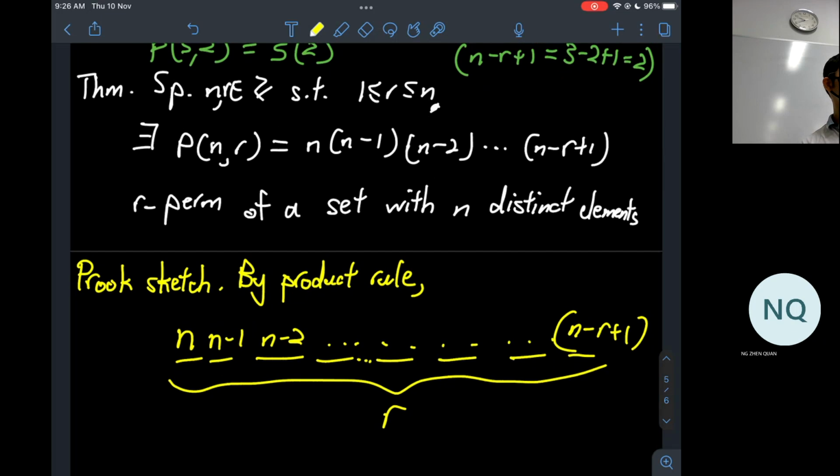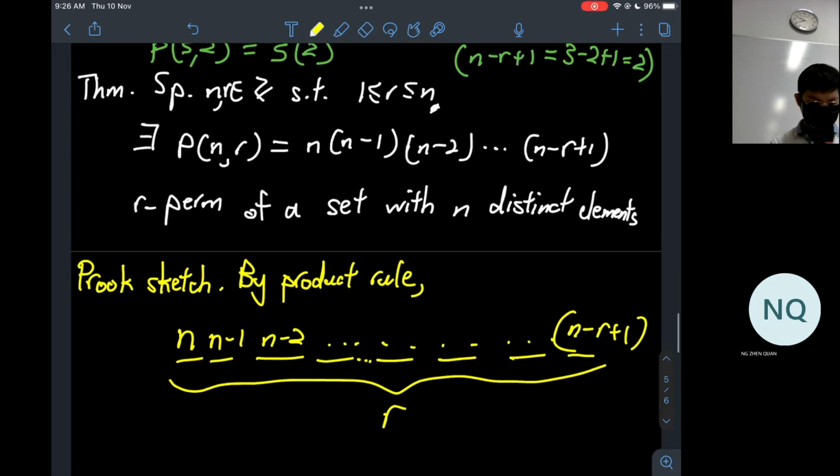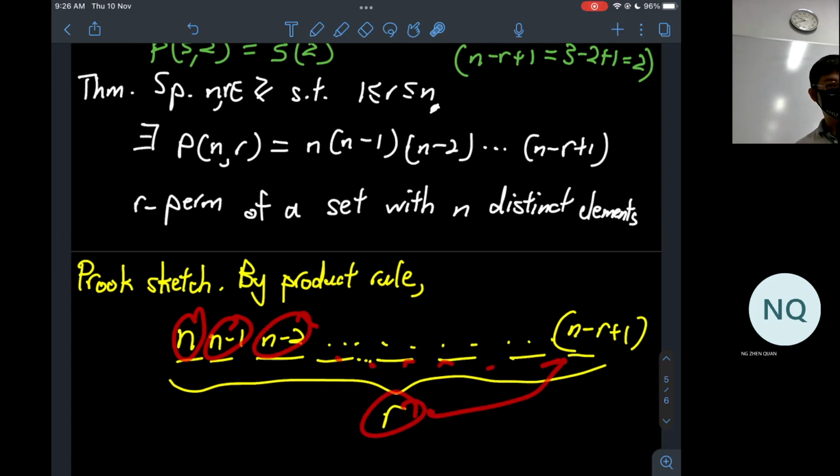Is it following? Okay. If you don't know, you should really count one by one: n, then minus 1, minus 2, and then go to the last R-th place and see that it's actually n minus r plus 1. Just go and count.